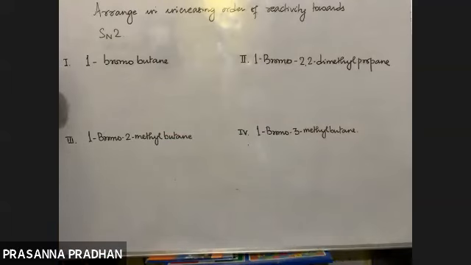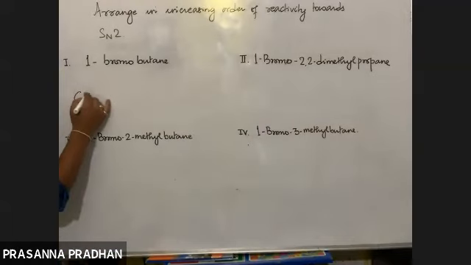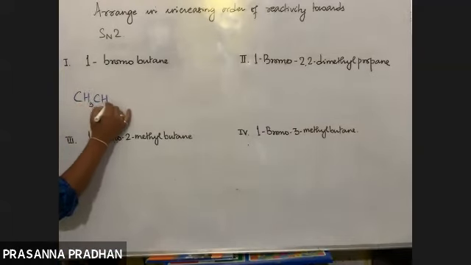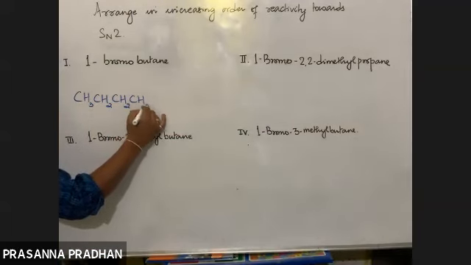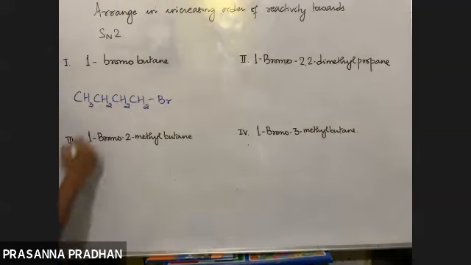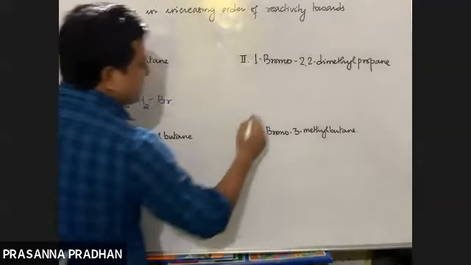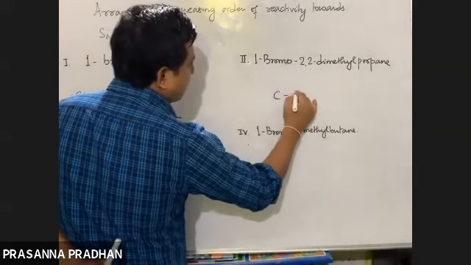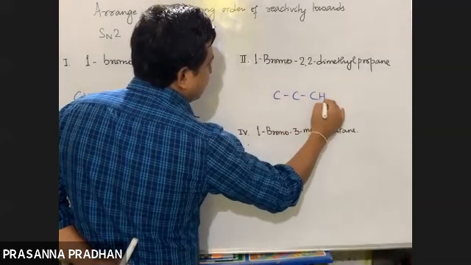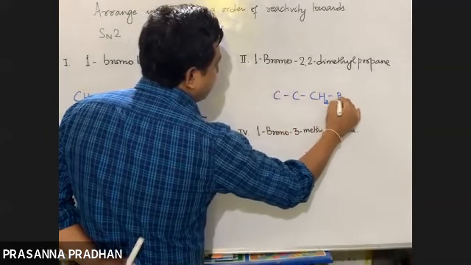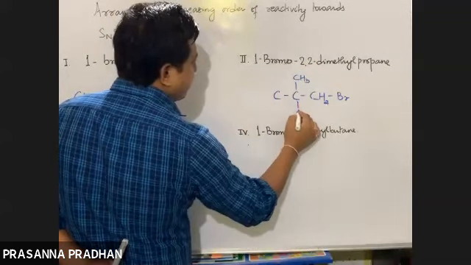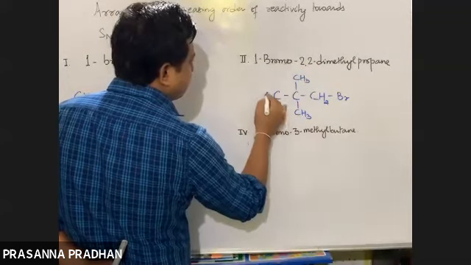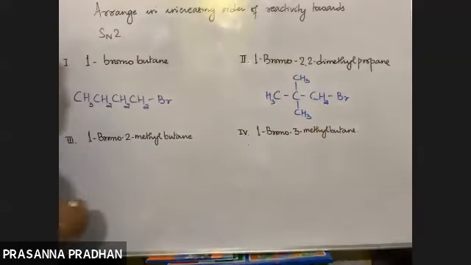Now let me have a look at the structures. 1 bromobutane, I'm going to draw it as CH3, CH2, CH2, CH2, Br. 1 bromo, 2, 2 dimethyl propane: 1 bromo means I have bromine in the first position, and 2, 2 dimethyl means I have 2 methyl groups on the second carbon of propane. This is the second one.